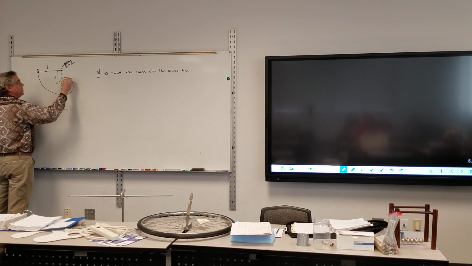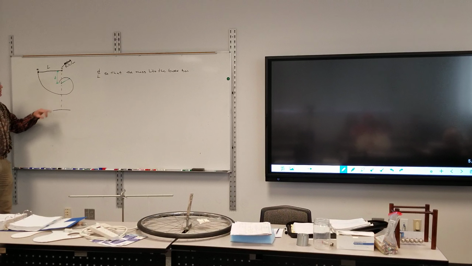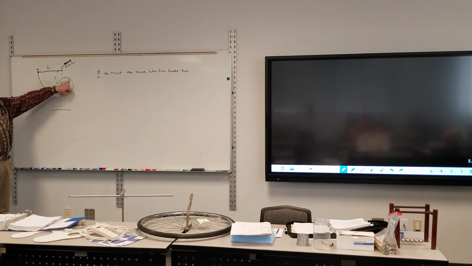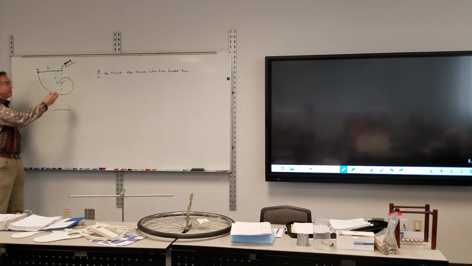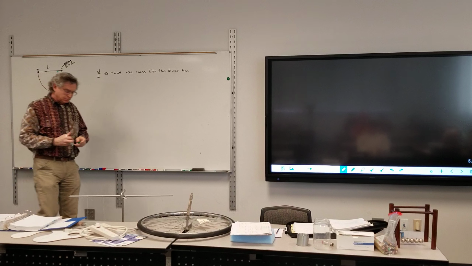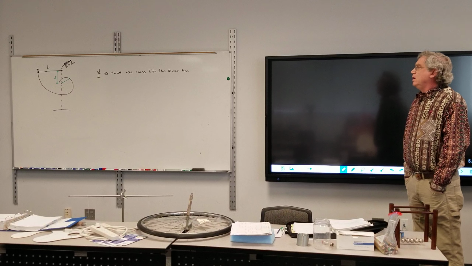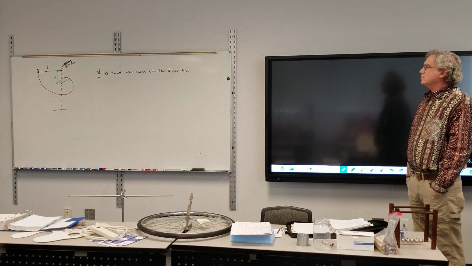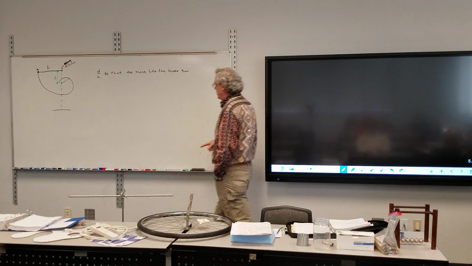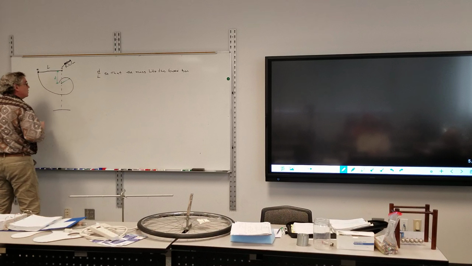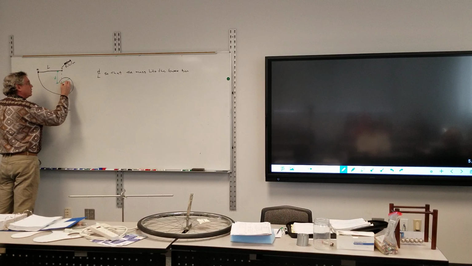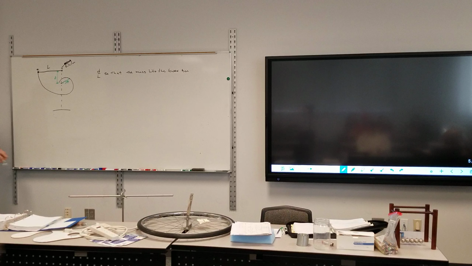There's going to be some point over here in which the string is no longer tight. At that point, it becomes a projectile motion problem. So let's take it piece by piece. If this is the point at which, so let's actually give an angle here, theta. When it hits that angle theta, the rope becomes slack and it becomes a projectile motion problem.